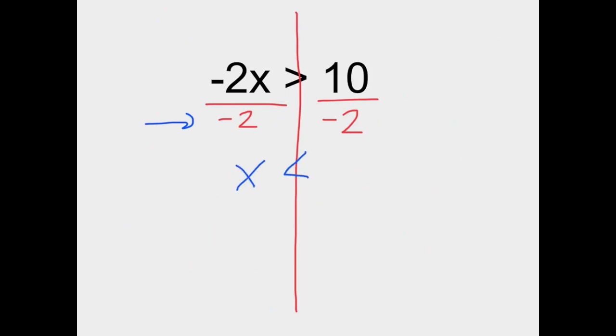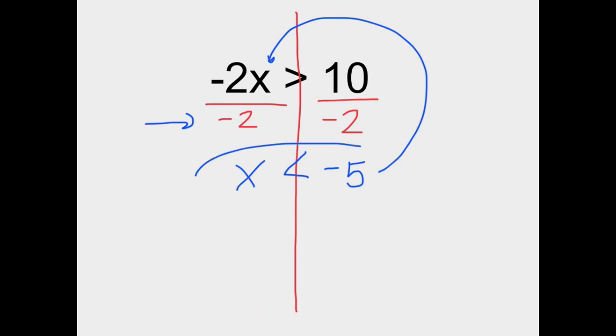So x is less than negative 5, which makes sense. If I put negative 4 where there's an x, it would be 8. That's not big enough. If I put negative 5, it would be 10. Well, that's big enough. So x is less than negative 5.